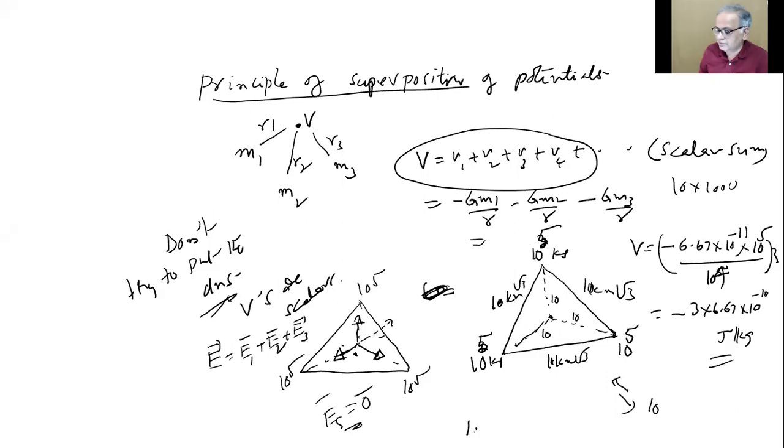So tell me, children. In a similar way, if I had 4 masses at the corners of a square, what will be the field strength and what will be the field potential?